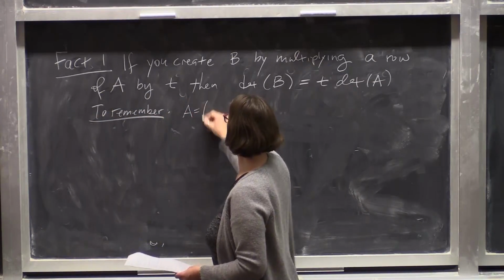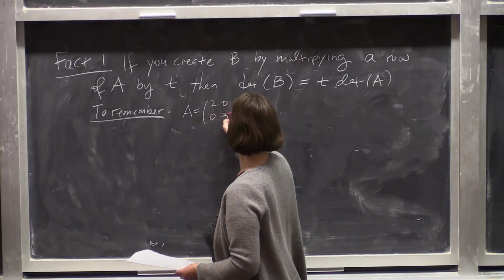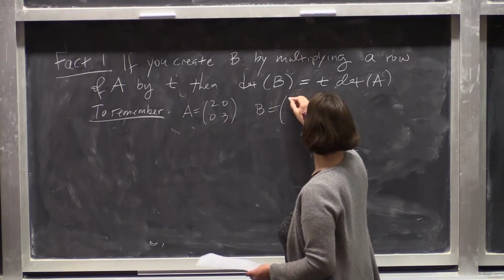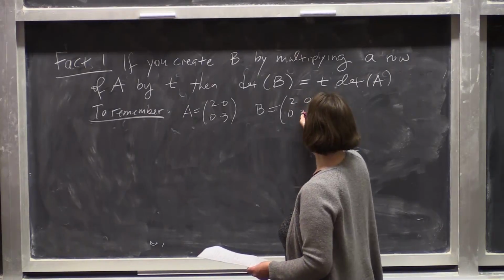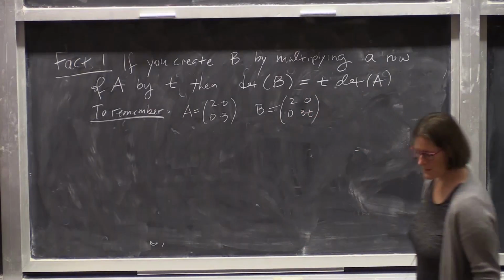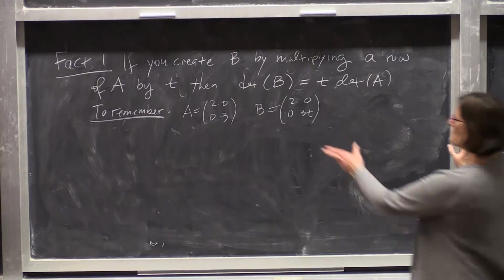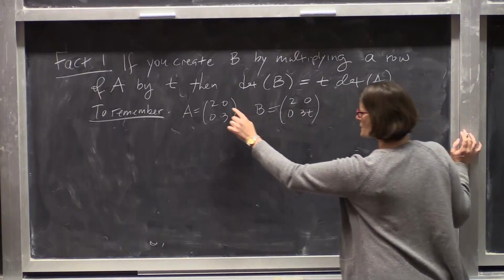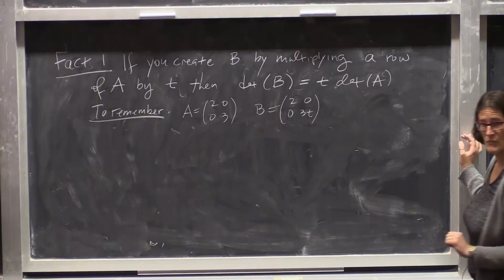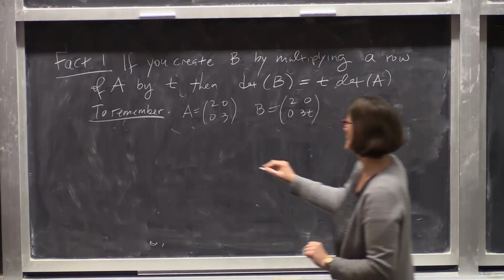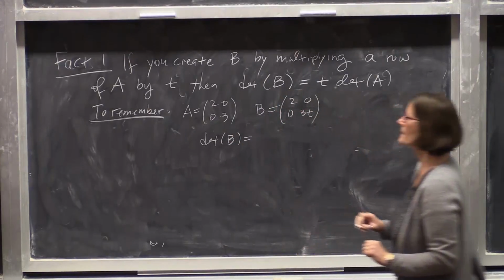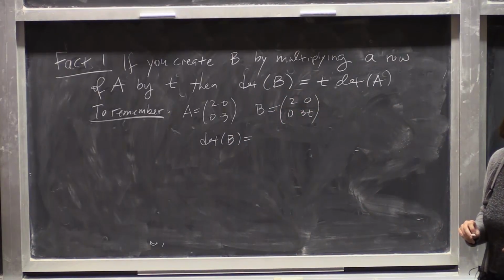Well, let's take A is 2, 0, 0, 3. Let's take B is 2, 0, 0, 3T. I got B by multiplying this row by T, right? The determinant of B is what? 6T.